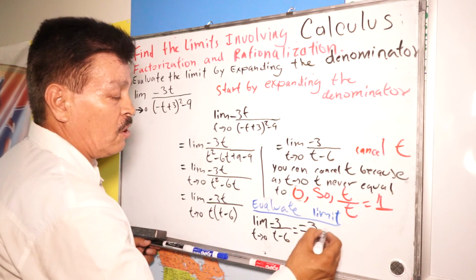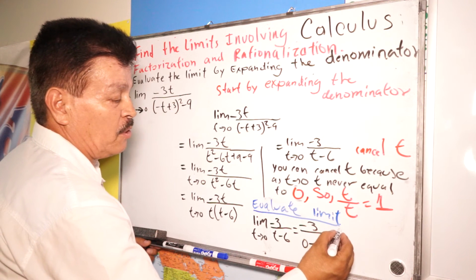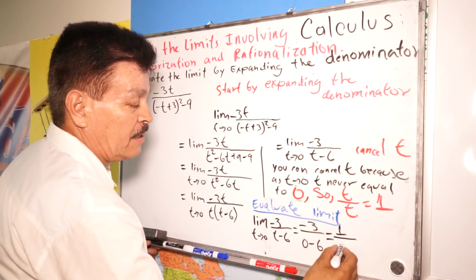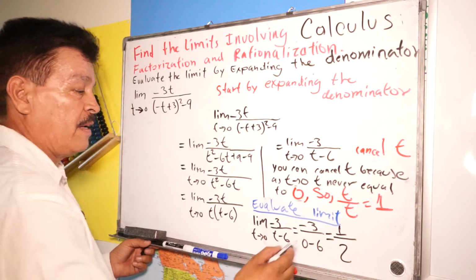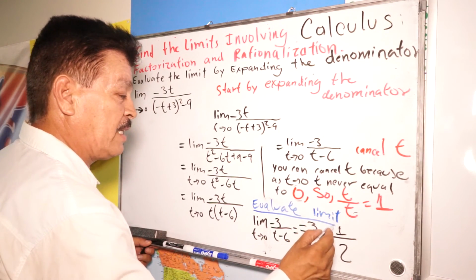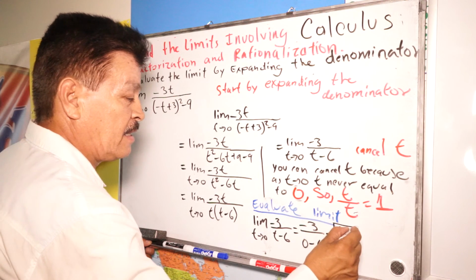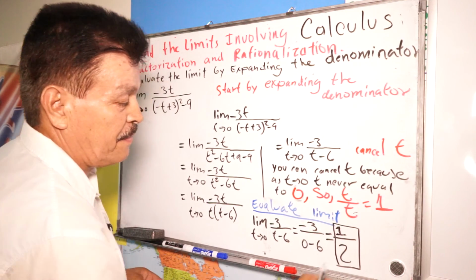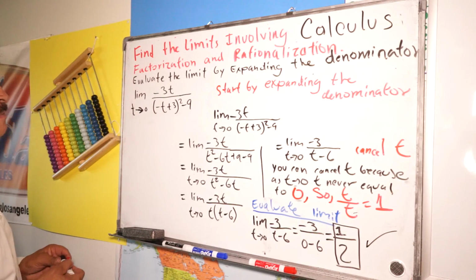Negative divided by negative is positive, so it equals 1/2. This is the evaluation of this limit. This is our answer. So that's it, the way to find the limits involving factorization and rationalization.